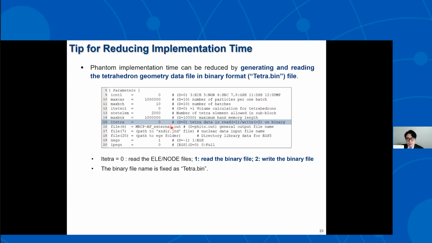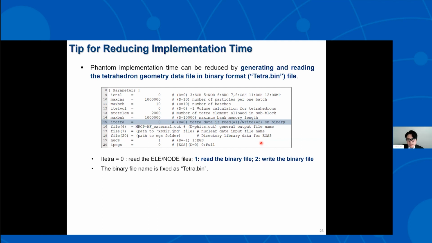The itetra parameter is currently set to 0, which means the input example reads the tetrahedral mesh model in the element and node format. What the users need to do is just change the itetra parameter to 2 and run the input file. Then, even if the source particles are not transported, the simulation is performed immediately to create the tetrahedral mesh model in binary format.